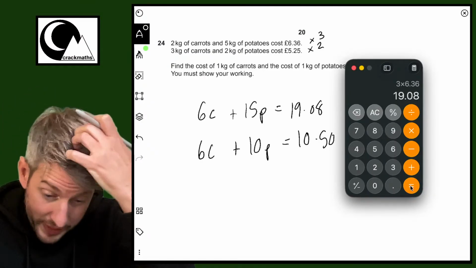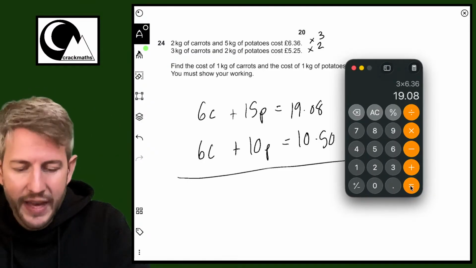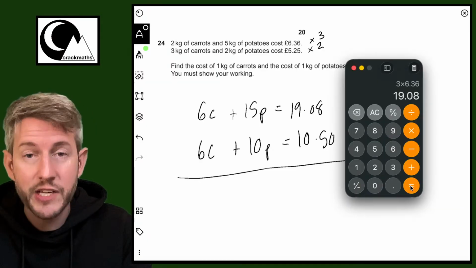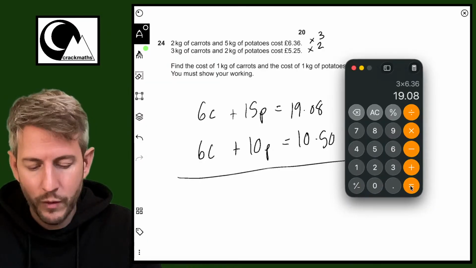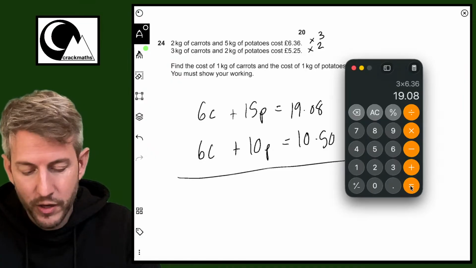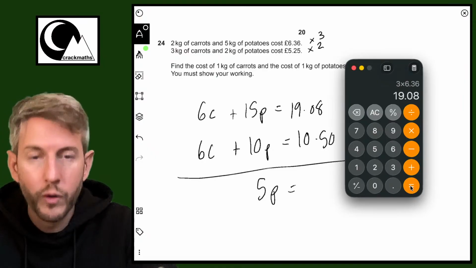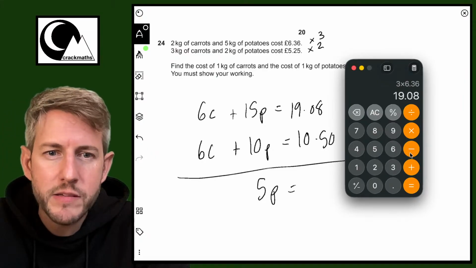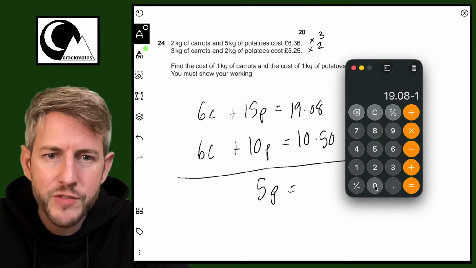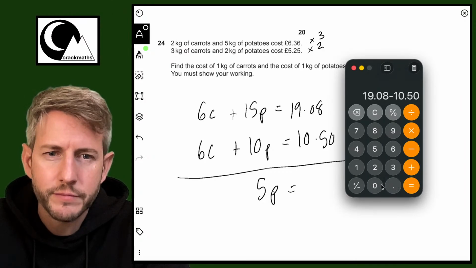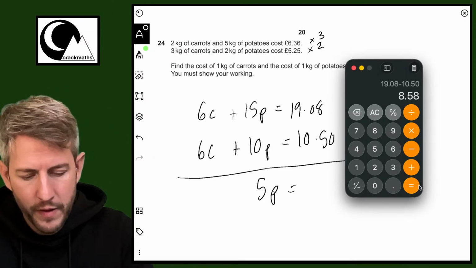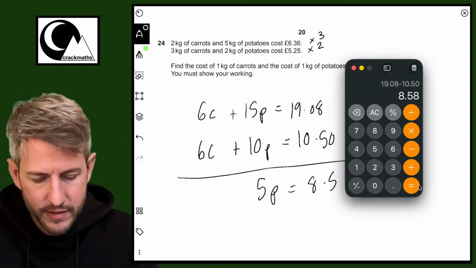So here we go. What we can do now is remove this second equation from the top one to find out how much the 5 potatoes cost. So 5 potatoes is going to equal £19.08 take away the £10.50. So there we go, £8.58.